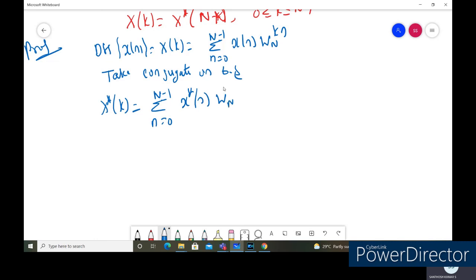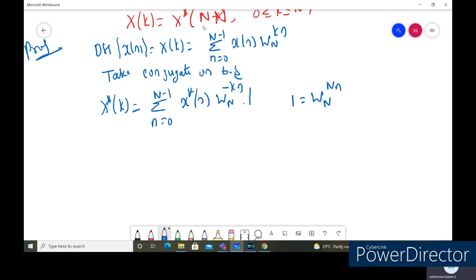When I take the conjugate of omega to the power of kn, it becomes omega to the power of minus kn. Also, we know that omega N to the power of N into n is equal to 1.